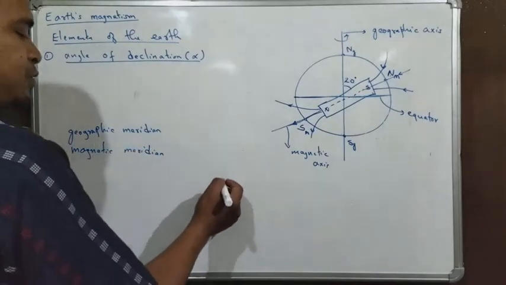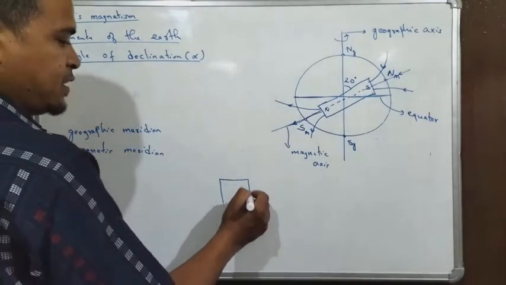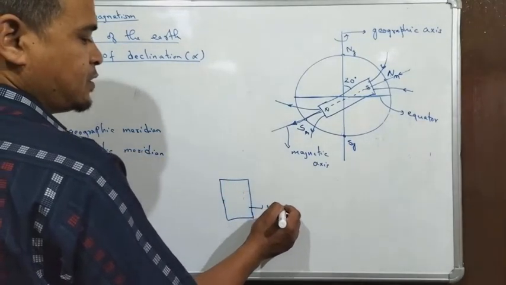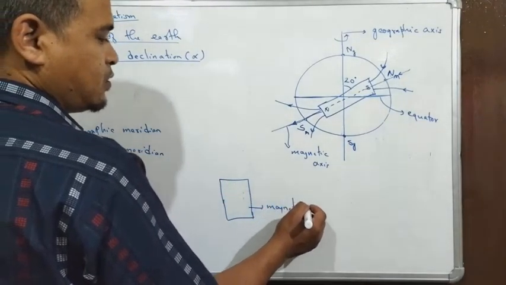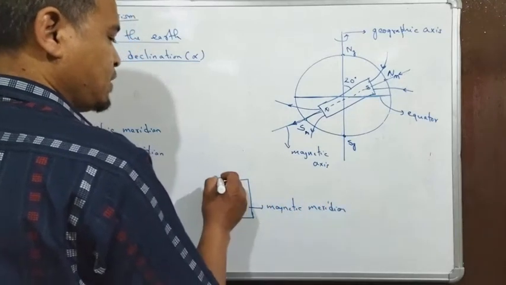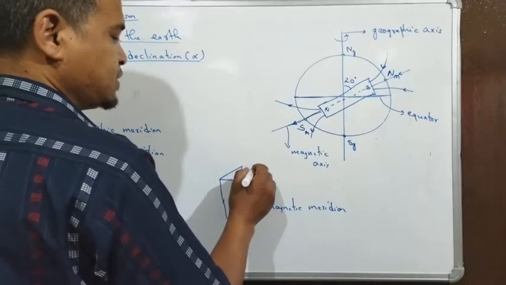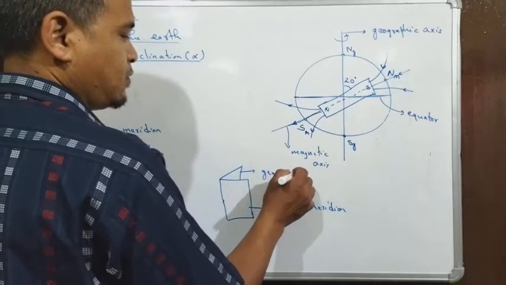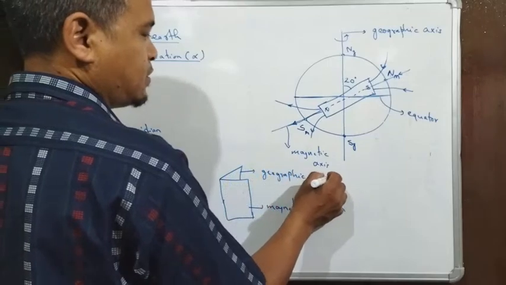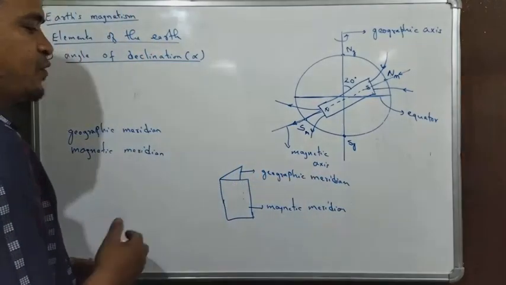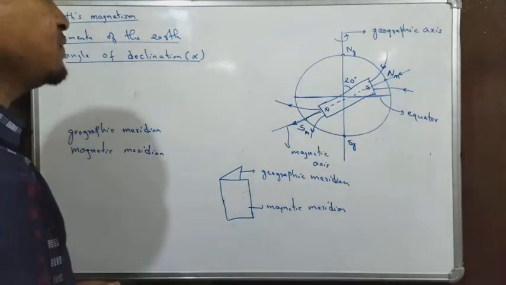So if this is my magnetic meridian, and I have another plane like this, which is the geographic meridian, these are the two planes passing through the two axes of the earth.